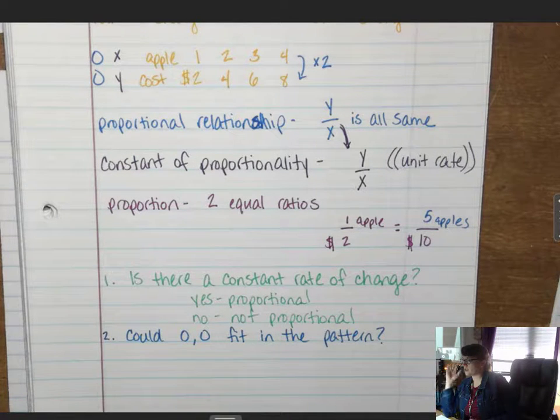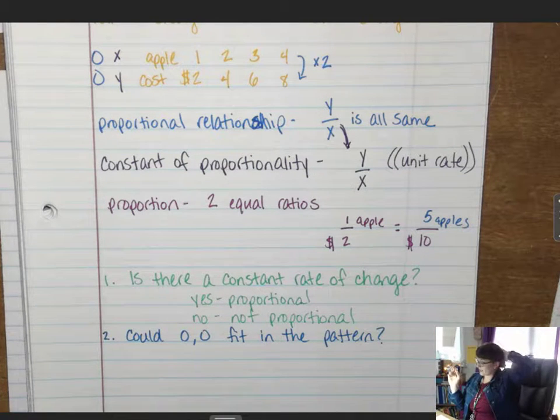But if I have like a pay-per-go, like I pay 5 cents every minute, and I'm only going to pay for what I use, then if I talk for 0 minutes, it's $0, and then 5 cents every minute. So it all has to do with fees. Like a one-time charge is going to make it not proportional. If there's like an initial rate or an initiation fee.